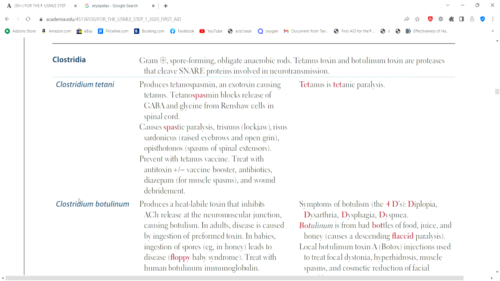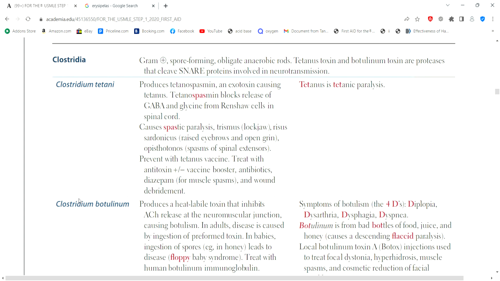So you're blocking GABA and glycine, yeah? Inhibitory. Okay, so GABA and glycine. GABA is inhibitory, and glycine is also inhibitory.